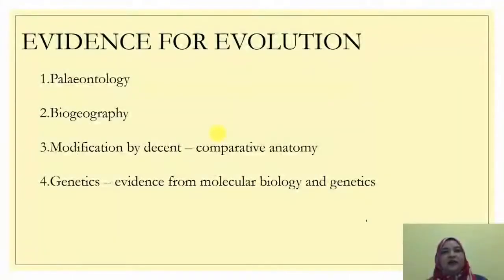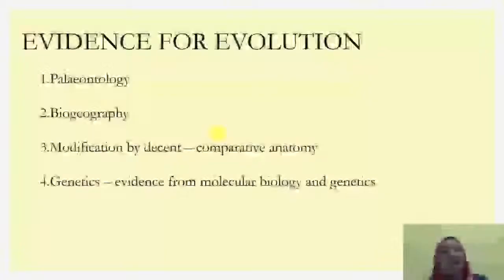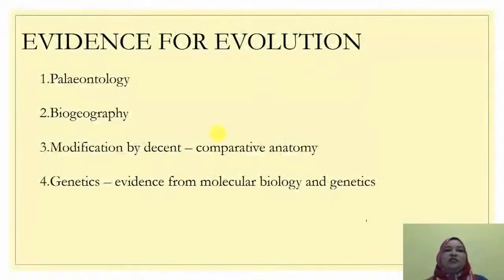So for instance, the forearm of a bat has the same anatomical structure as the forearm of a whale, yet the bat uses its forearms to fly and the whale uses it to swim. So the anatomy is the same, but the function is totally different. Okay?